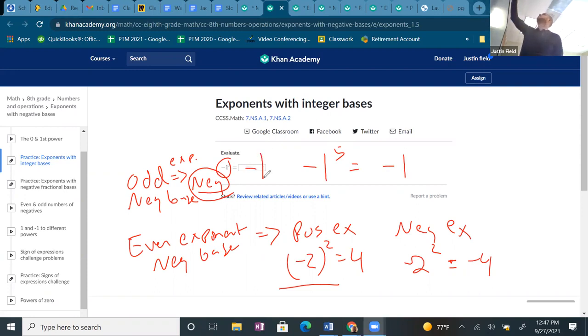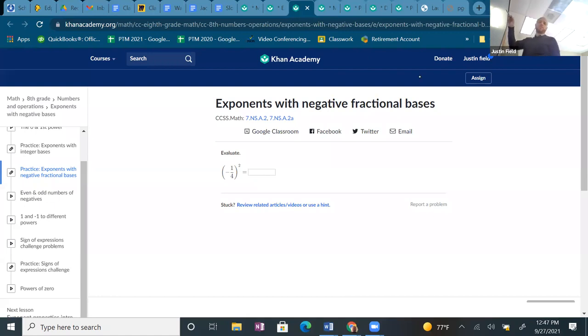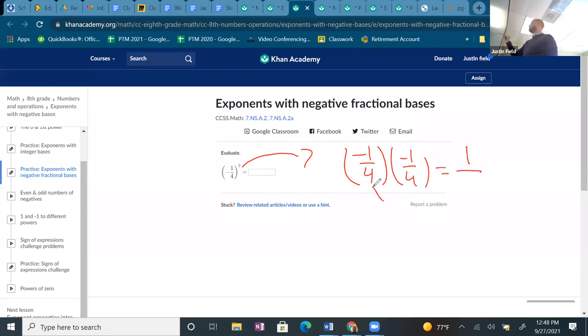All right, so let's see what you can do with that. Now, here's a good example. With this fraction, we're going to think about it like how it is. So (-1/4) squared. What does that mean? That means -1/4 times itself, right? And a negative times a negative is a positive. Positive 1, 4 times 4 is 16.